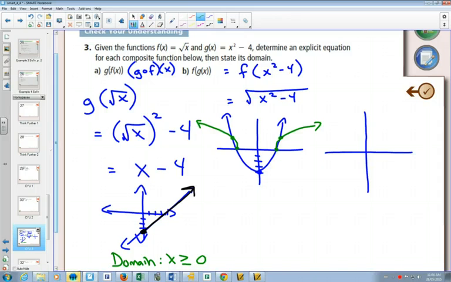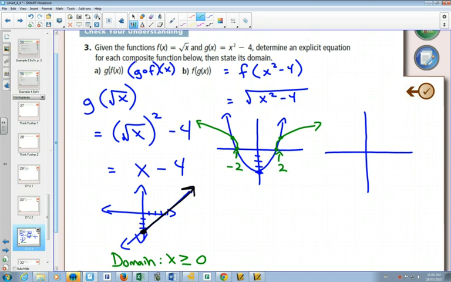When we look at it graphically for that green portion of our graph, we can see that the domain goes from negative infinity up to a certain value, and then starts at another value and goes on forever after that. What are these two values? What are those x-intercepts? Positive and negative 2.